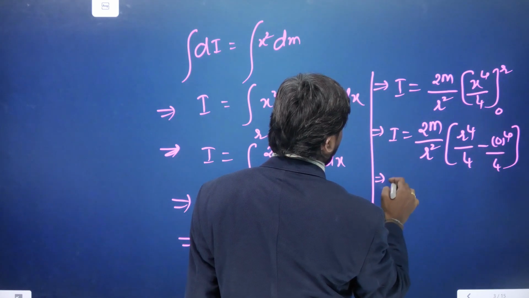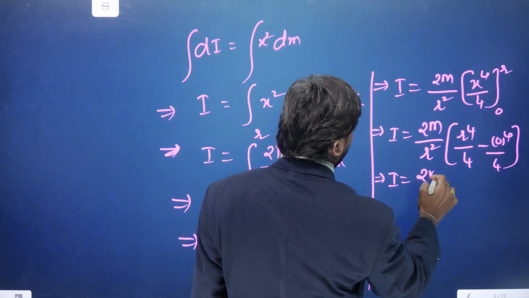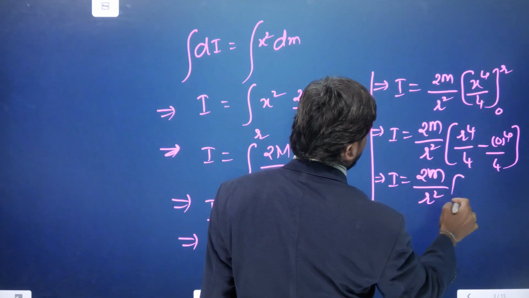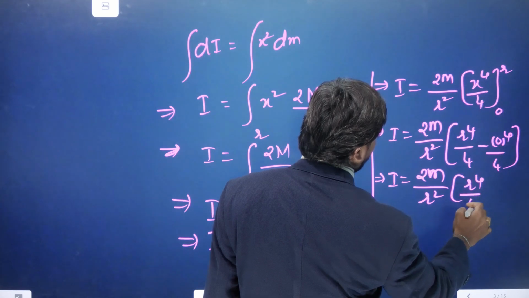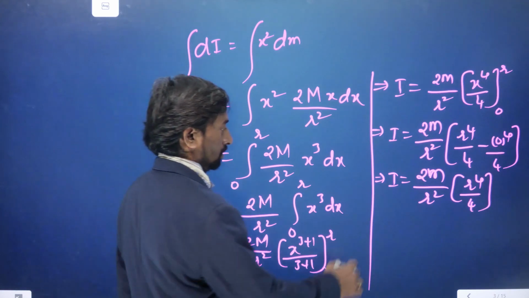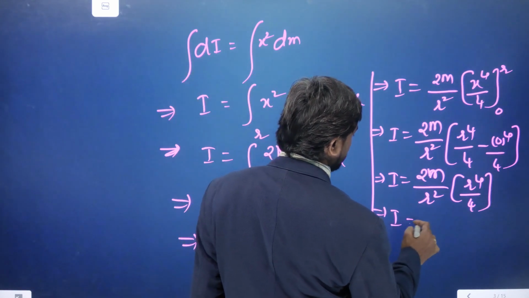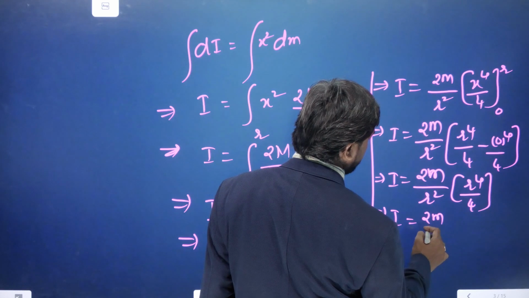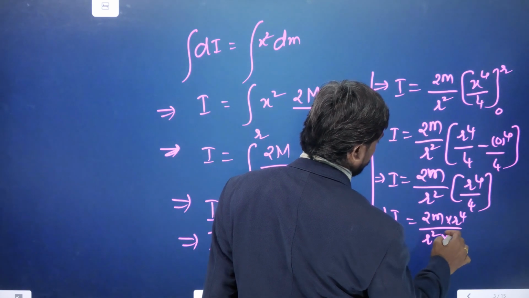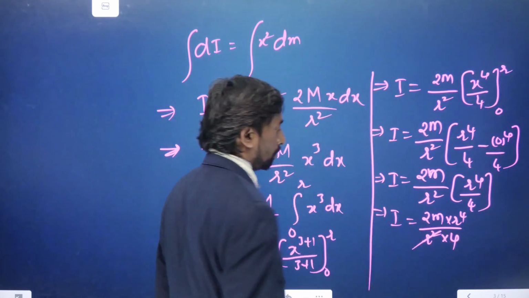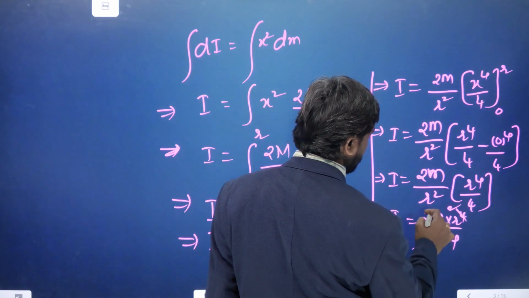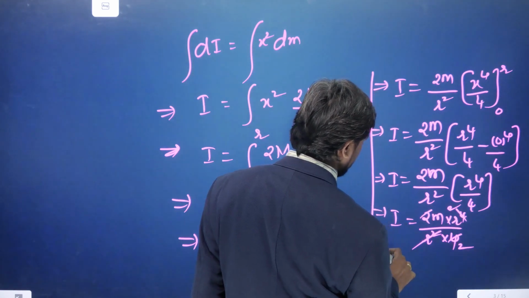So now I is equal to 2M by R square into R power 4 divided by 4. R square and R square cancel, and the 2s cancel as well.